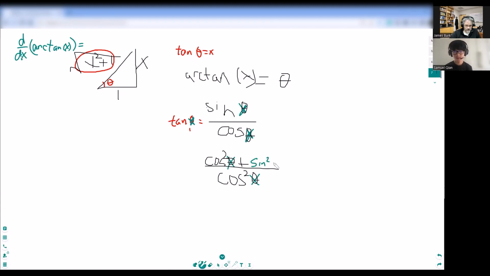So we're going to have cosine squared x plus sine squared x, and then you could basically turn it into 1 over cosine squared x.